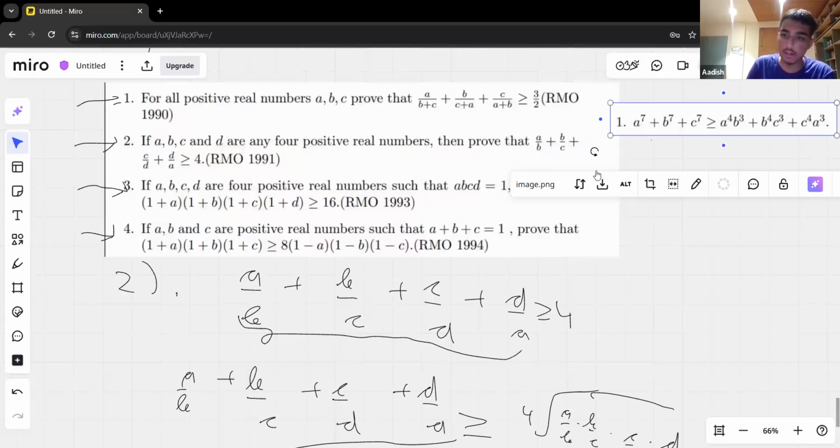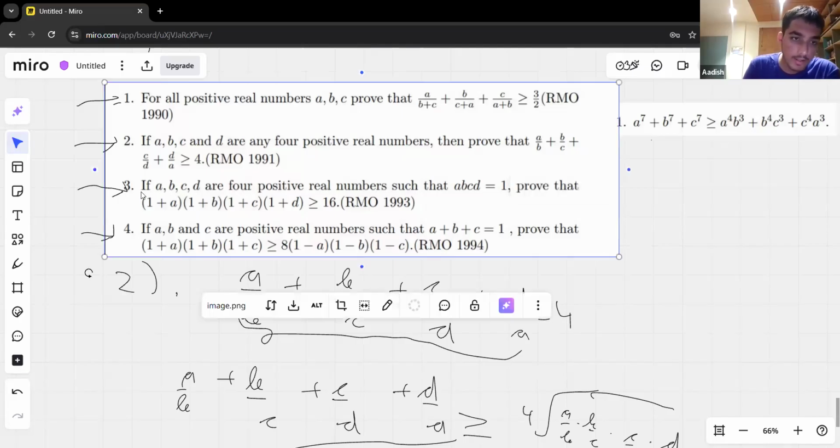Okay, for 3 also, it's just AM-GM. In 3, we are given a condition on the product, right? So you want to use the condition somehow. So you want the product.